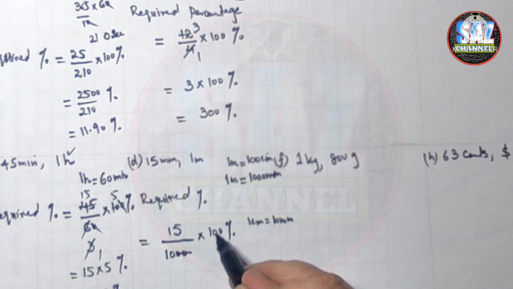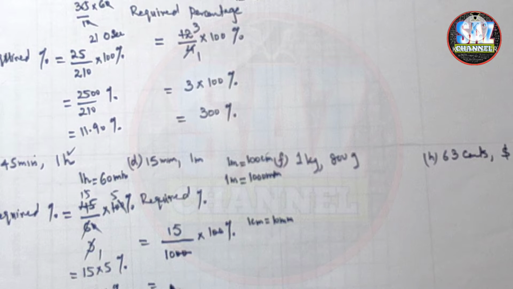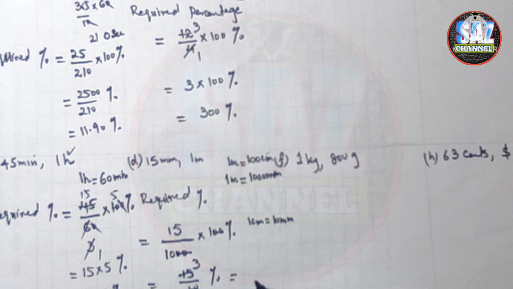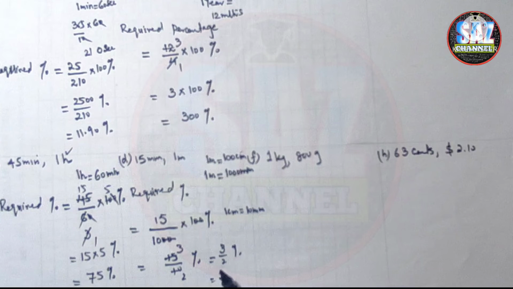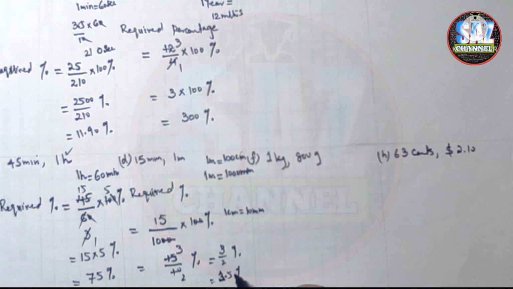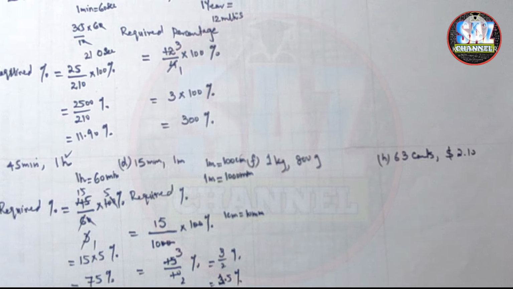These two zeros go with each other and we are left with 15 by 10%, and this will be 5 threes are 15, 5 twos are 10, which is equal to 3 by 2%, or what we can do is that it can be 1.5%. 3 by 2 is 1.5%.